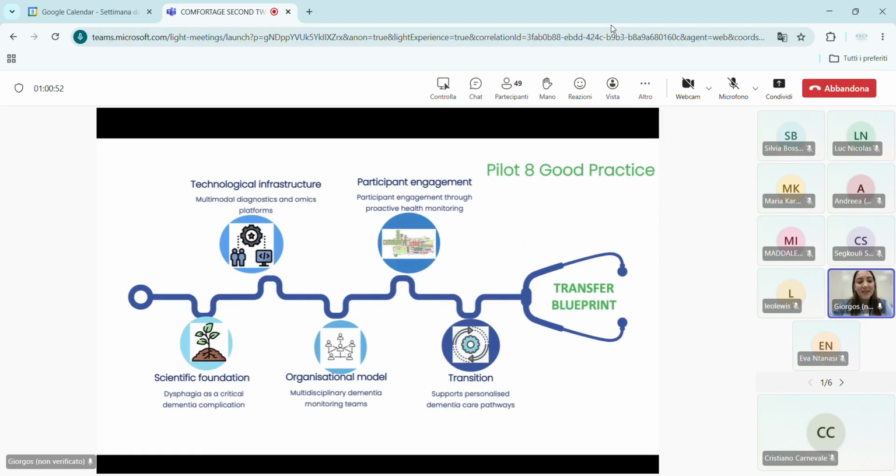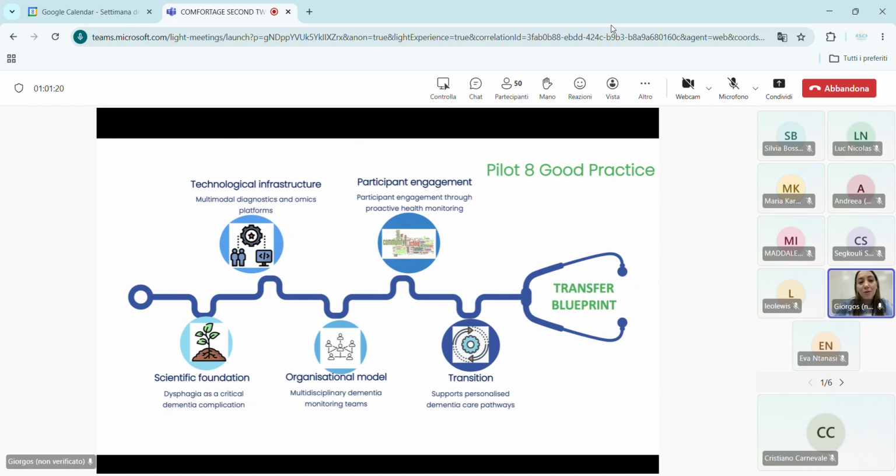And finally, here it's the blueprint. So first of all, we are going to see whether we can set dysphagia as a critical dementia complication, and how this can be observed early, and how it can also be used in combination with other biomarkers.